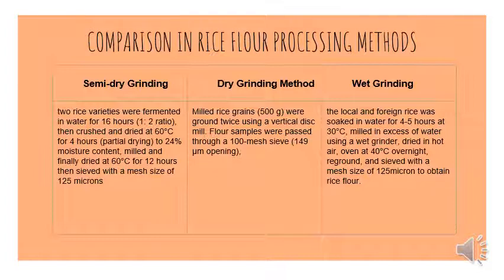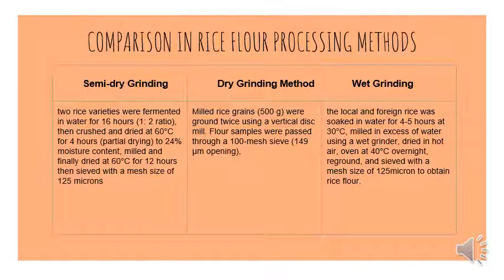For the dry grinding method, the milled rice grain is ground twice using a vertical disc mill, and the flour sample will pass through a 100 mesh sieve. The grinding method is quite short compared to the other two methods. And the wet grinding method will be discussed in our project.